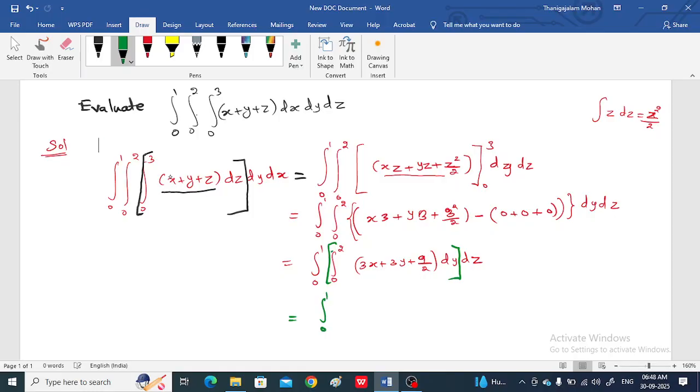I will write 0 to 1, integrate this with respect to y and substitute the limit 0 to 2. 3x is independent of y, therefore we need to introduce y in this term: 3xy plus 3, y is dependent, therefore 3y dy means 3y square divided by 2, plus 9 divided by 2 is independent of y, therefore we need to add 9 by 2 y.